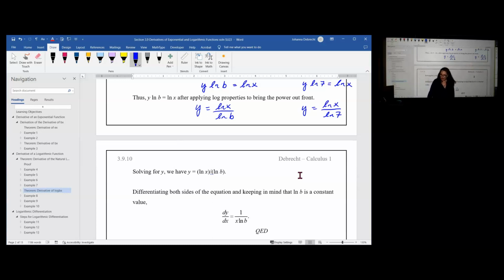In my example, I would end up with dy dx equal to 1 over x times the natural log of 7 constant.